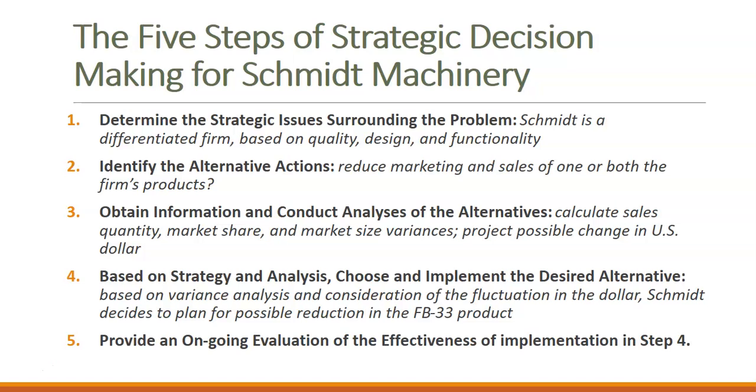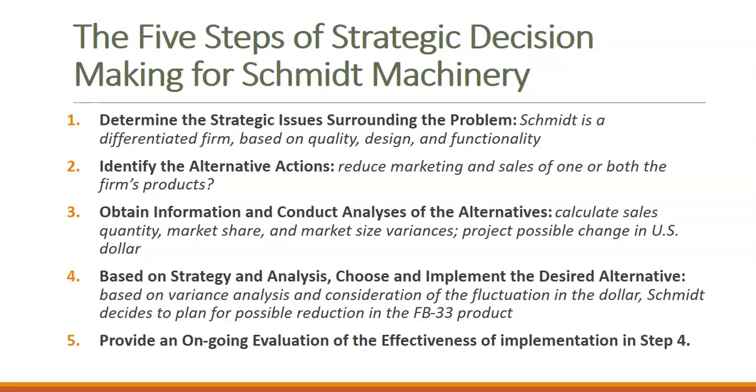When we look at the 5 steps of strategic decision making from chapter 1 and we apply that to our Schmidt refinery, we want to know what were the strategic effects of this analysis. Well, first, we're a differentiated firm based on quality, design, and functionality. What was the alternative action?